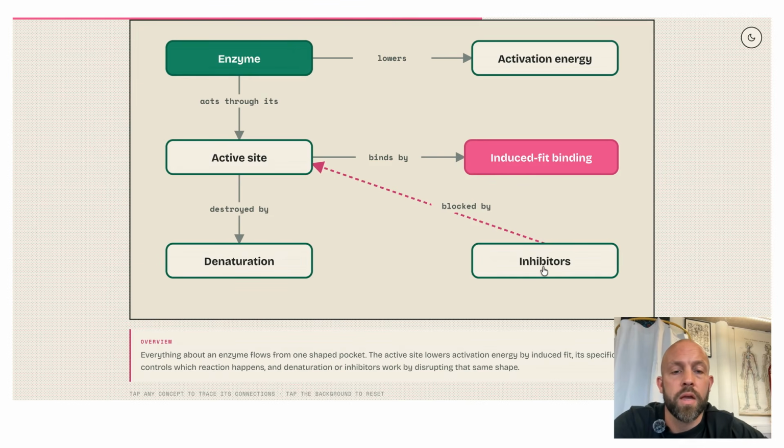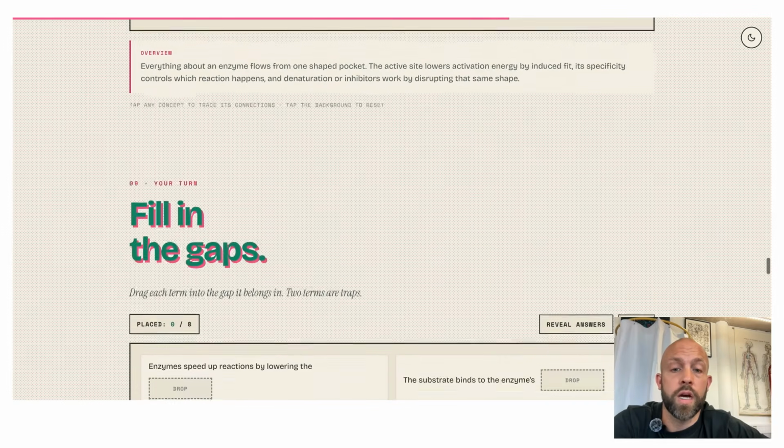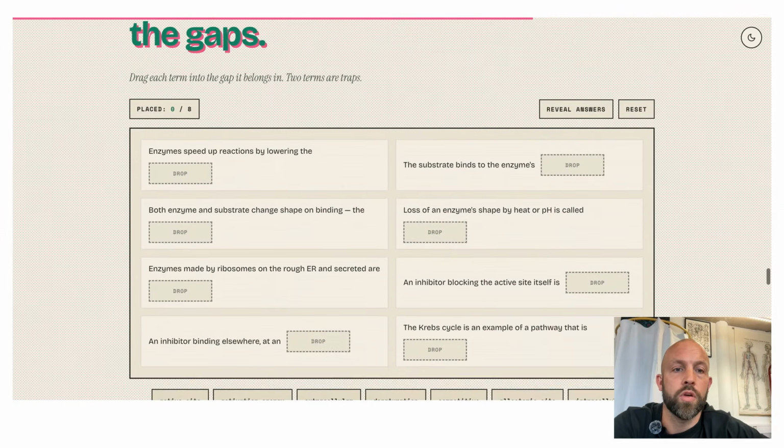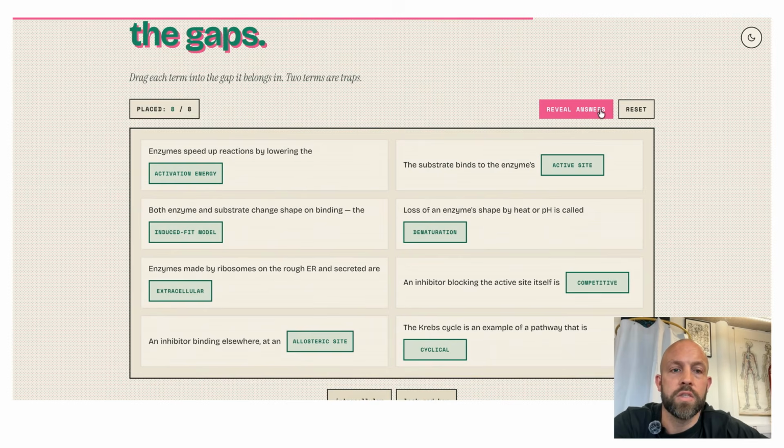A competitive inhibitor competes for the active site. Non-competitive goes for an allosteric site, which is obviously not in this diagram here. An enzyme works by lowering our activation energy.